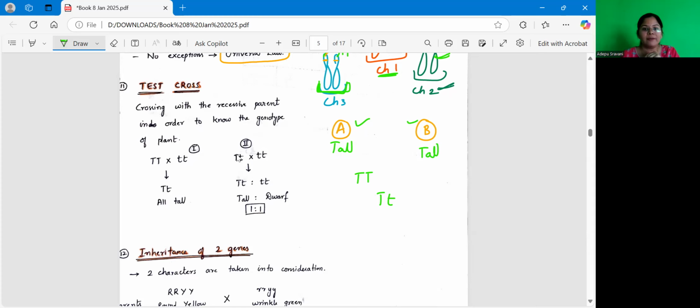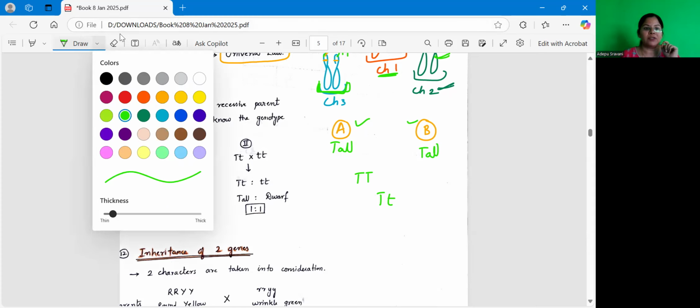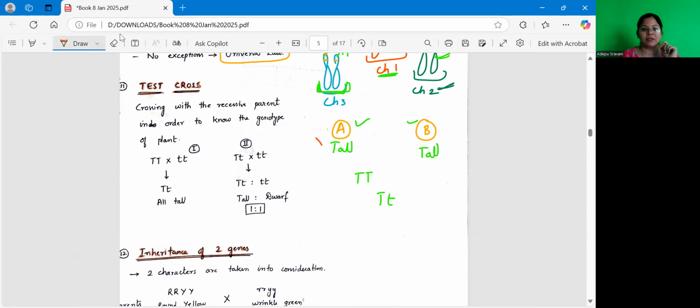And how will you do that? Simply, both the plants you have to cross with a dwarf plant. So both of them will be crossed with a dwarf plant. And the results you get will be different. So based on the result, we can say which is homozygous and which is heterozygous. So let me consider the first one here.